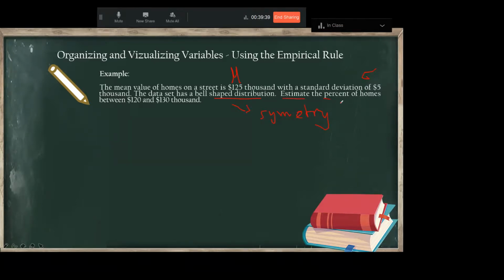Estimate the percentage of homes between $120,000 and $130,000. So he's asking how many homes on this street cost between $120,000 and $130,000.